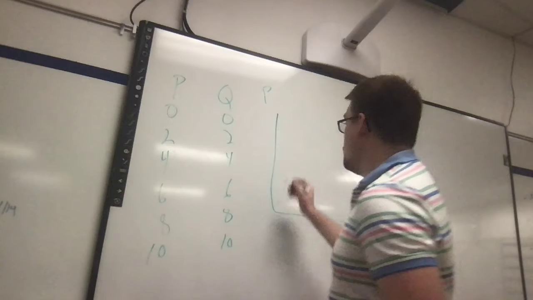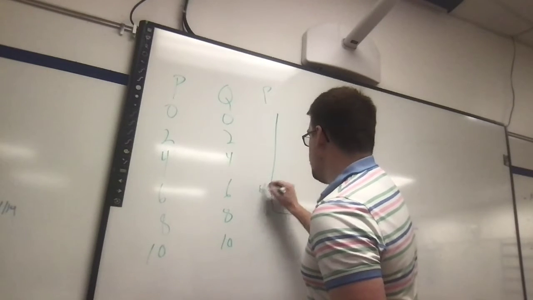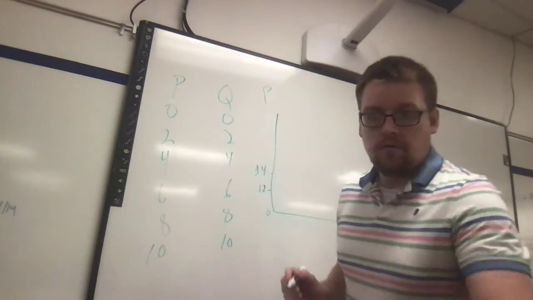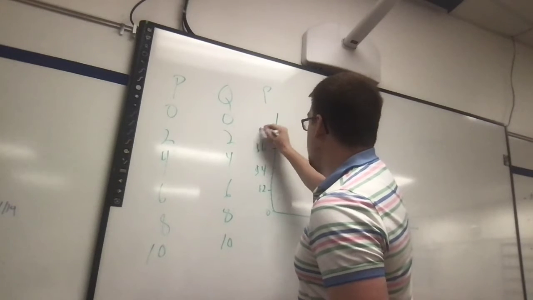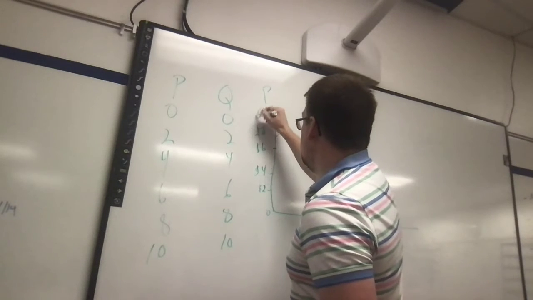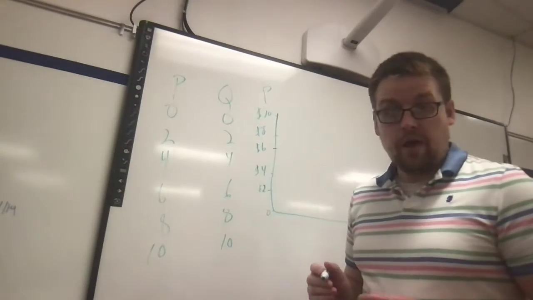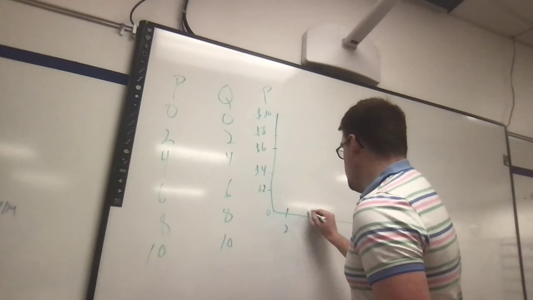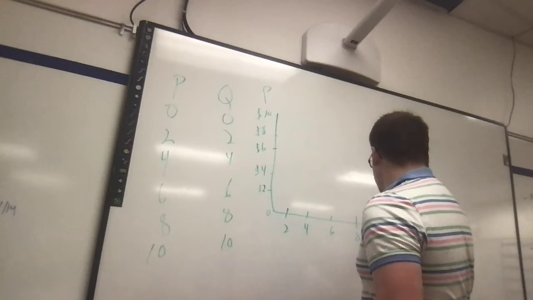Now, if I go onto the chart, we've got 0 here, $2, 4, 6, up to 8, up to 10. So you have price here. Now, quantity supplied, we've got 2, 4, 6, 8, 10.